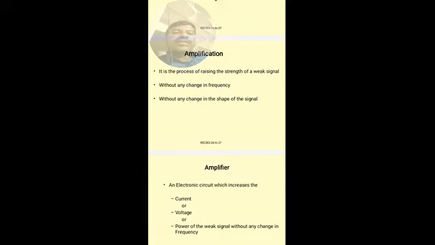The electronic circuit which increases the current, voltage or power of the weak signal without any change in frequency is known as an amplifier.